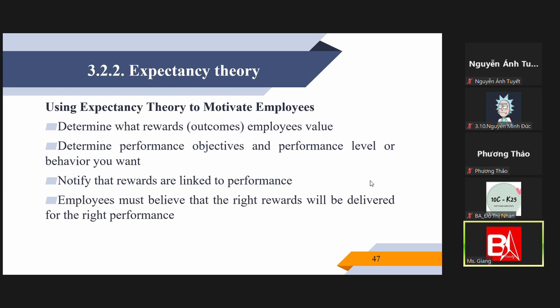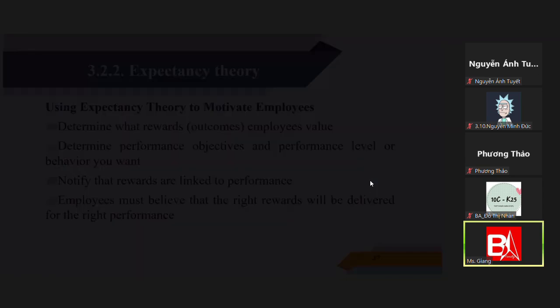Notify that rewards are linked to performance, because employees should believe that performance is linked to the reward that they want to receive. And the last one, employees must believe that the right rewards will be delivered for the right performance. They want to have equality in the organization.